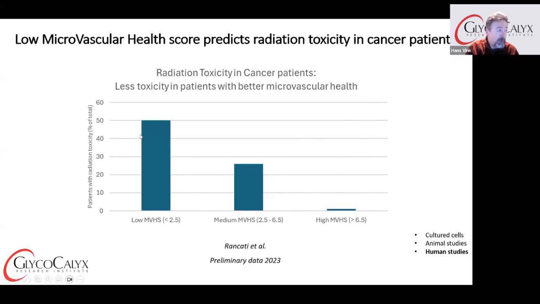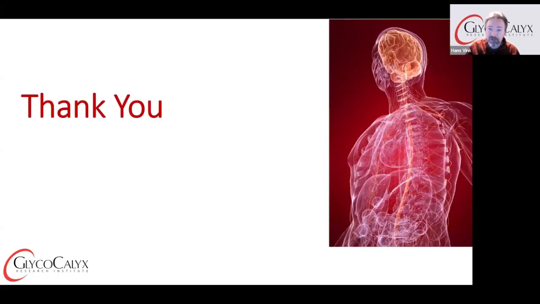It shows people with poor microvascular health have about a 50% chance and risk of getting all kinds of toxic side effects, while among people with very high microvascular health, none of the patients in that group got any toxic side effects of the radiation therapy. So with that, I'll switch back to you and see if there are any questions.